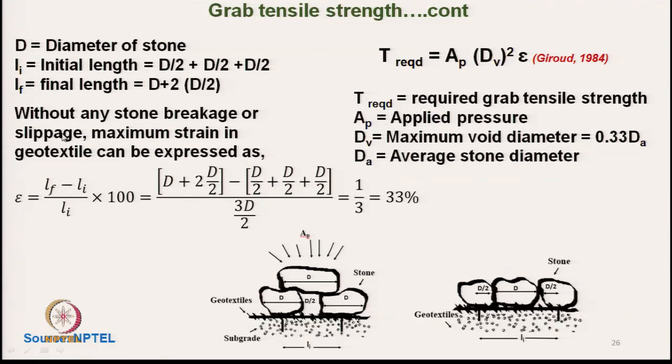Now, if we consider that there is no slippage between the fabric specimen, that is the geotextile specimen, and the stone, and there is no crushing of stone, the maximum strain in geotextile can be expressed as epsilon equal to Lf, the final length, minus the initial length, by the initial length, multiplied by 100.